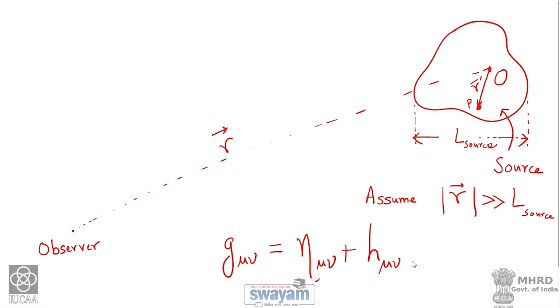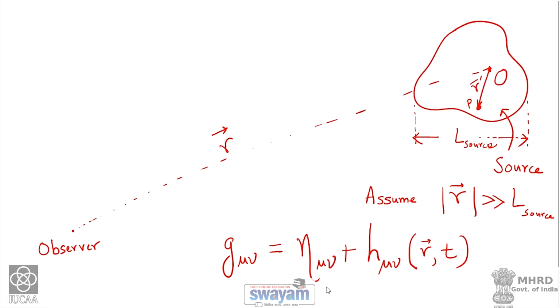So, I will add a term, and if the matter distribution is changing in size, shape, distance, then this changing metric perturbation h mu nu will be a function of r as well as time. But the fact remains that since I am very far from the source, the absolute value of the perturbation h mu nu is much small compared to the maximum values which reside in the eta mu nu.